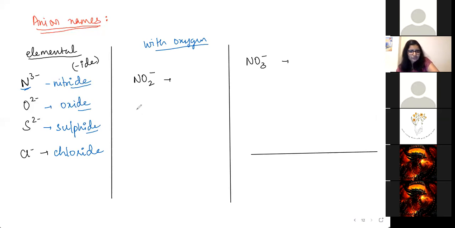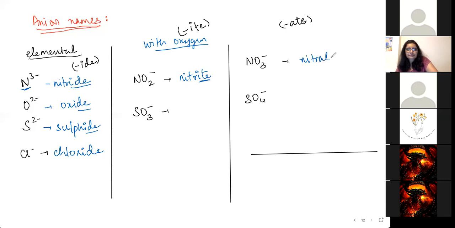For comparison, I'll also give you sulfur's oxygen ions: SO3 minus and SO4 minus. If there's a lesser number of oxygens, it ends with ite. If there's a greater number of oxygens, it ends with ate. Compare NO2 and NO3: 2 is less than 3, right? So this is nitrite, ite, and this is nitrate, ate.